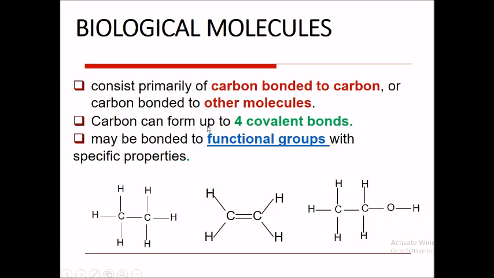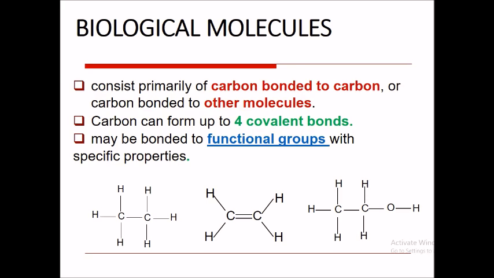Carbon can form up to 4 covalent bonds because the valence electrons of carbon is 4. That's why carbon can make 4 covalent bonds with other atoms.